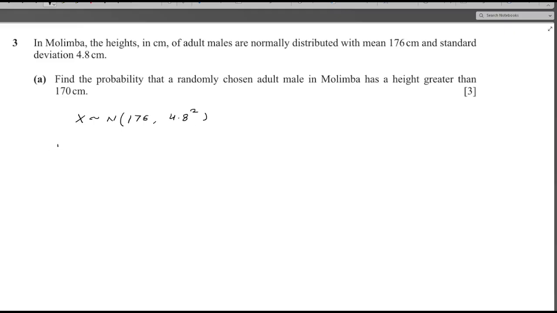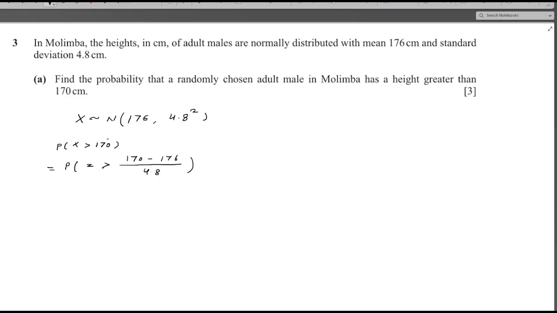Now we have to find the probability that the height is greater than 170 centimeters. So the probability of X greater than 170 centimeters, and as X follows a normal distribution, this is equal to the probability of Z more than (170 minus 176) divided by 4.8.